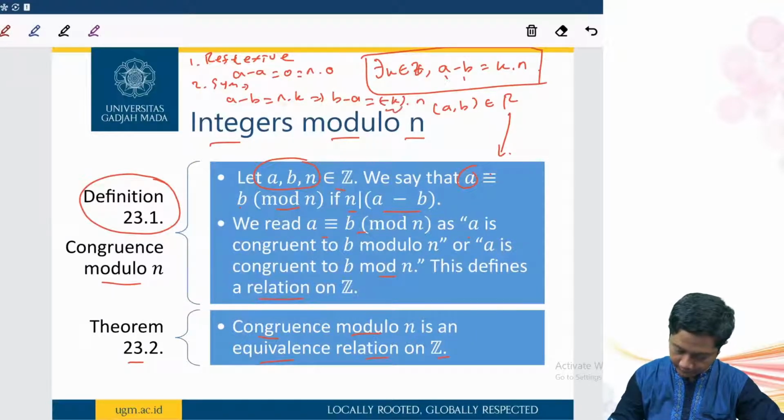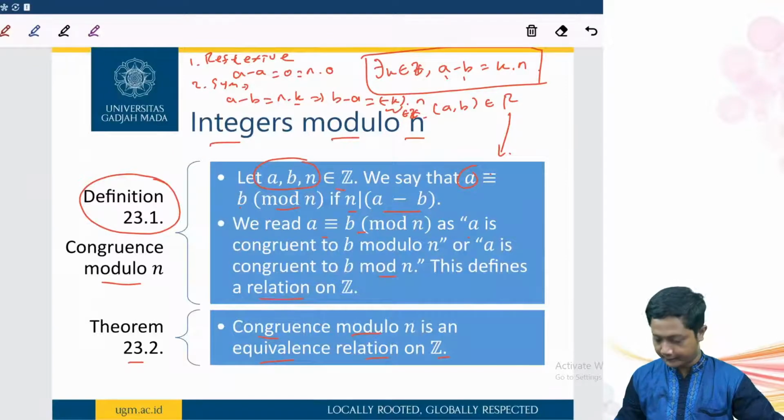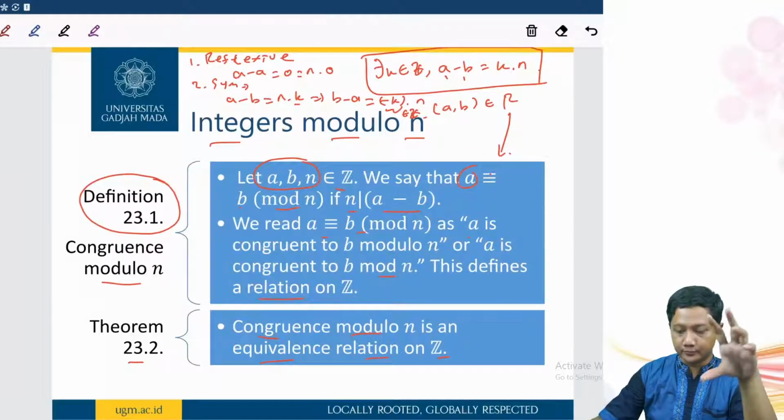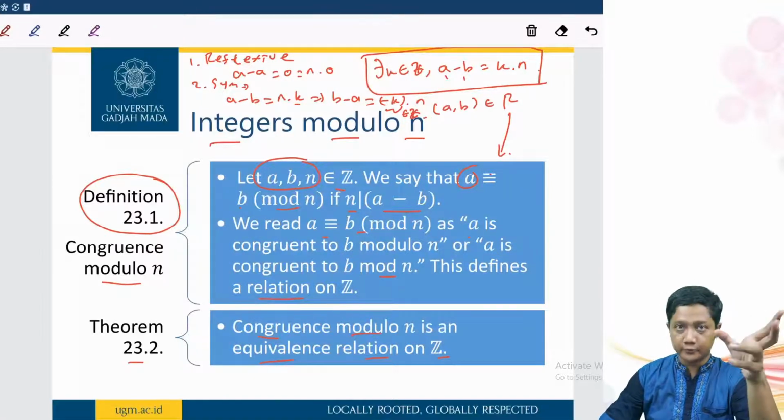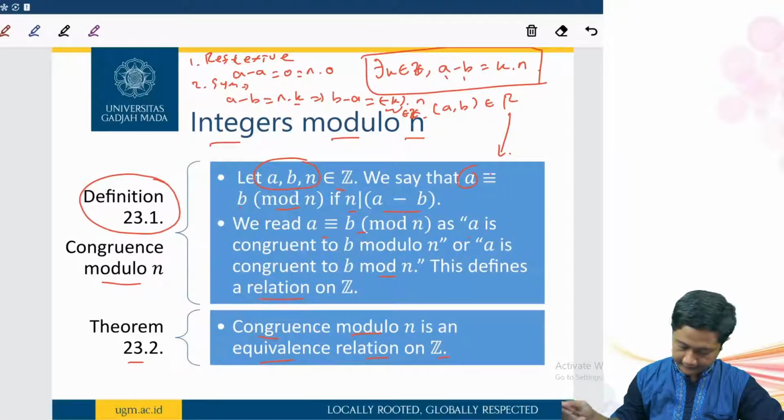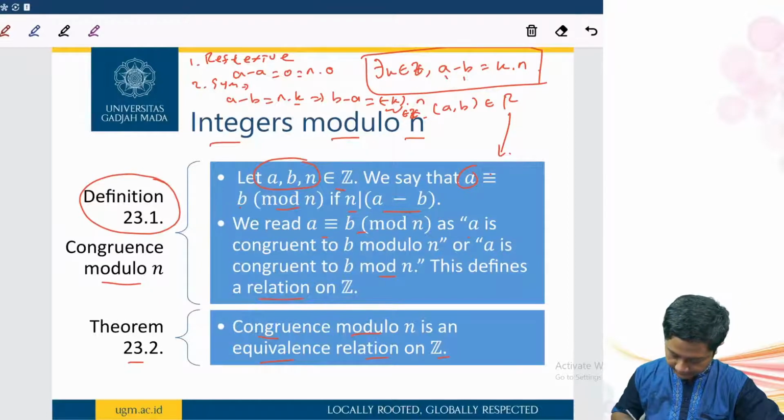And if my k is an integer, then minus k is also an integer. What's the meaning of this? When I have a related to b, a congruent to b mod n, then I also have b congruent to a mod n.